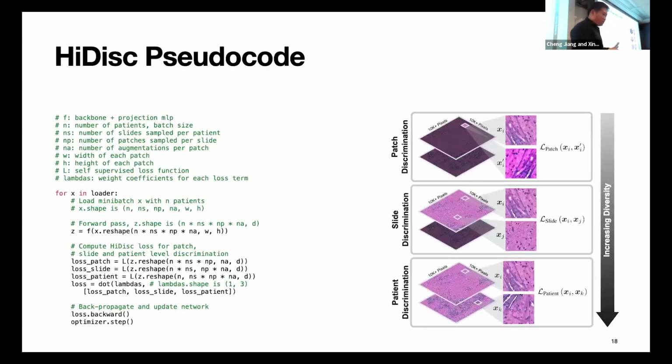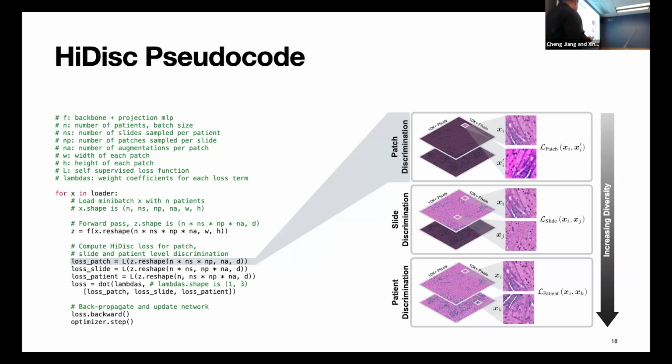This is a little technical here. I'm just going to quickly dive into pseudocode for training our method. This is quite similar to how most methods are trained. What we do here is compute the same loss function three times. We compute the loss based on the patches, which is just patch discrimination.